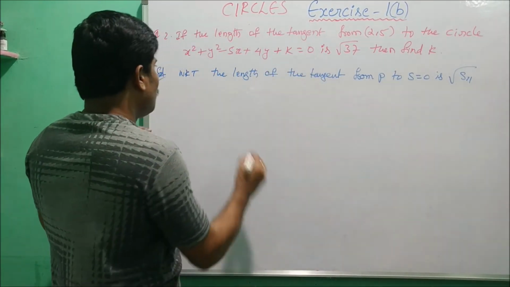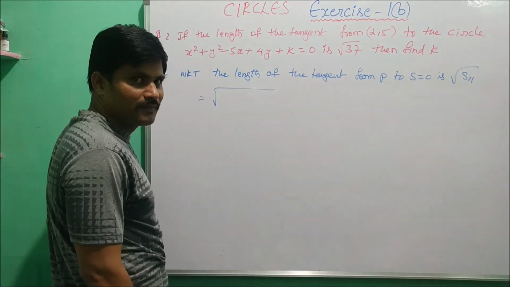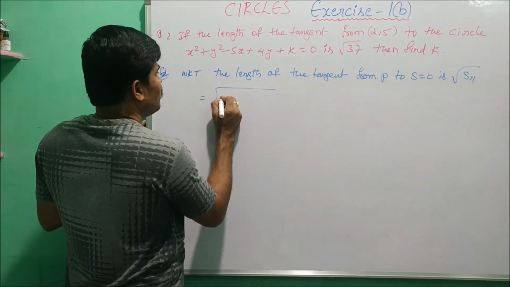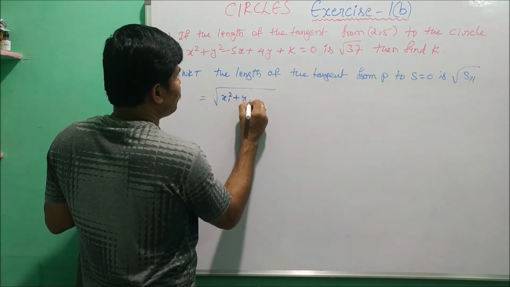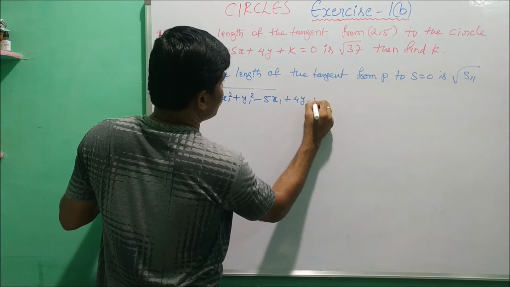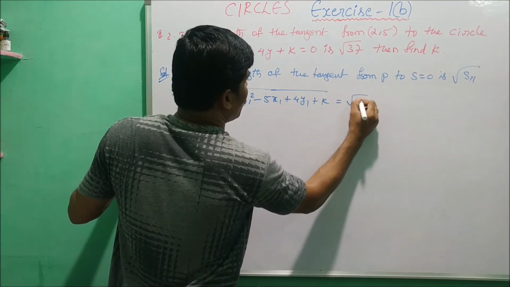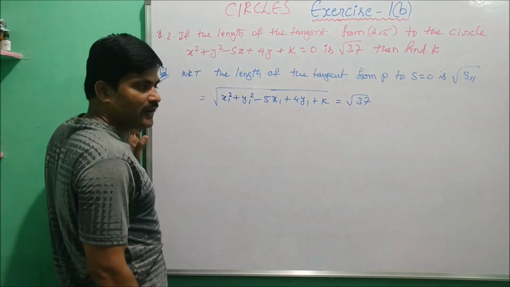Now here, the square root of x1 square plus y1 square minus 5x1 plus 4y1 plus k equals, as already given, the length of the tangent, square root 37.